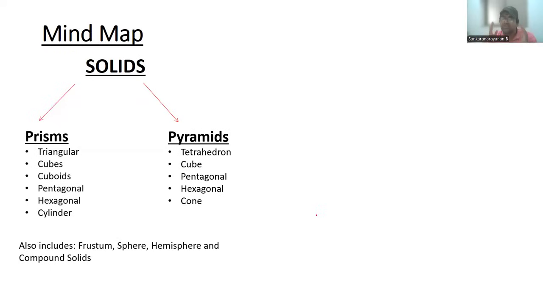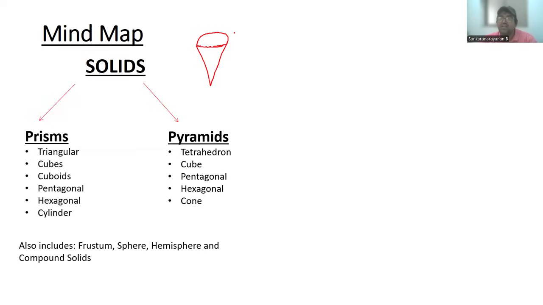So we also deal with finding certain things related to frustum, sphere, hemisphere, and compound solid. What is this compound solid all about? Let me take you back to your childhood where you have played with something we call the top, right? We spin a top, right? That top, when I consider it, is actually a compound solid.